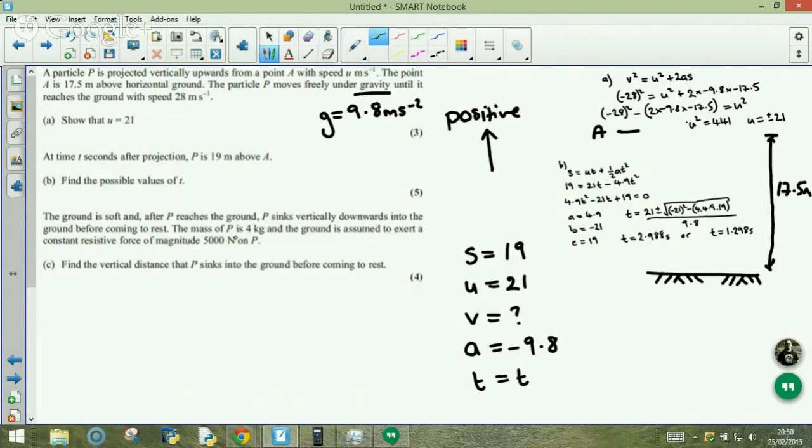The fact that we're talking about forces, and we want it to come to rest, should lead you to a bit of dynamics, a bit of F equals ma. So we've got a resistive force of 5,000 newtons from the ground.